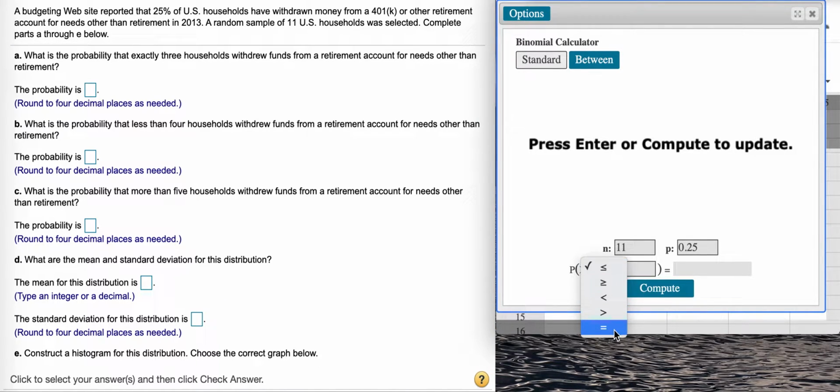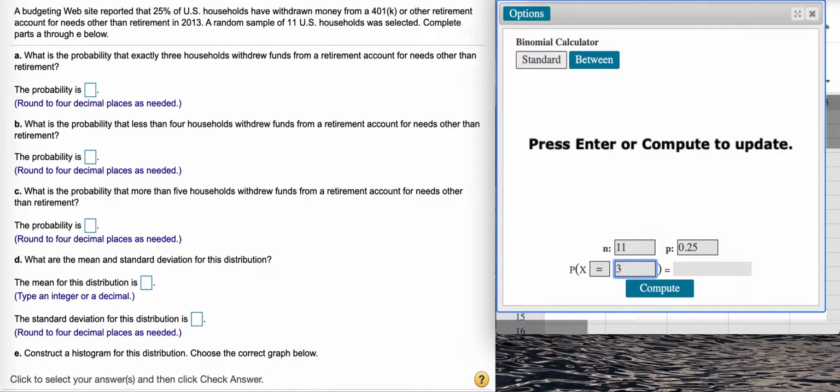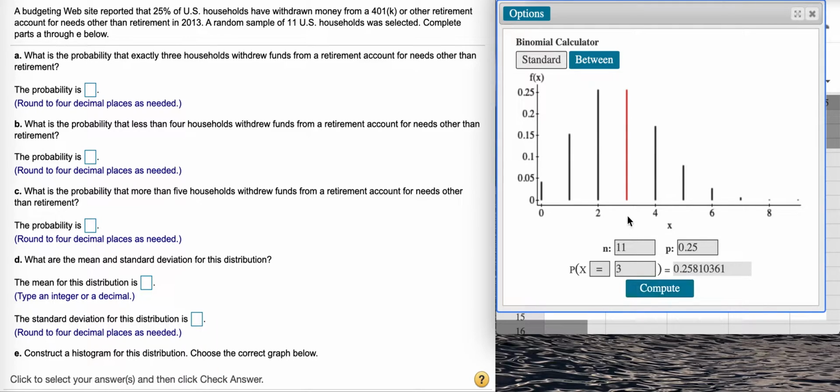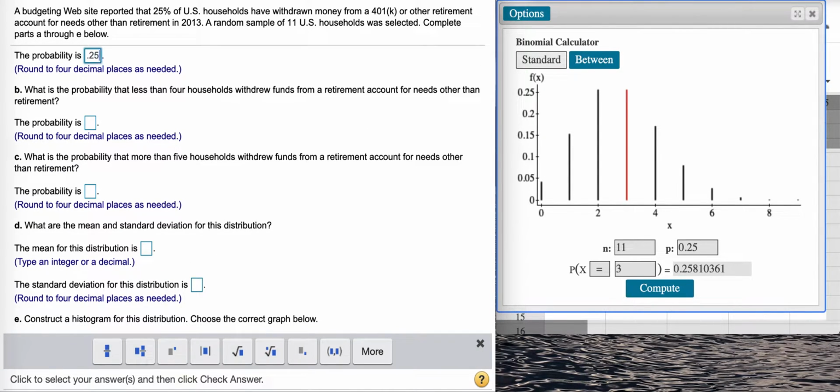So let me say equals, not 5, but 3. Compute. You notice that the bar at x equals 3 is marked in red, and that probability is 0.2581. So to 4 decimal places, let's put the probability in as 0.2581.